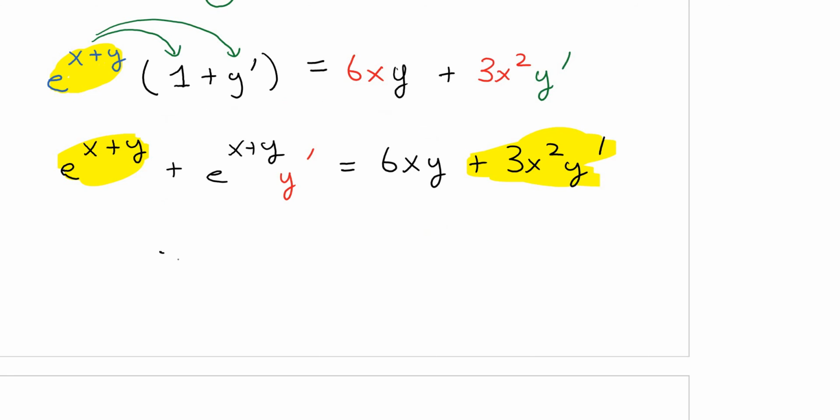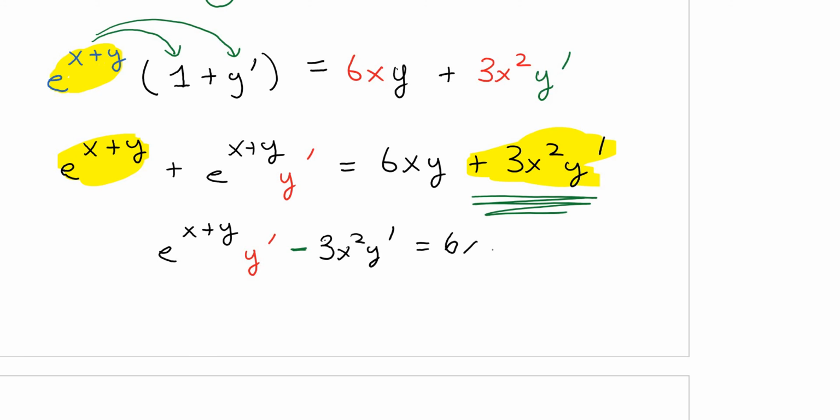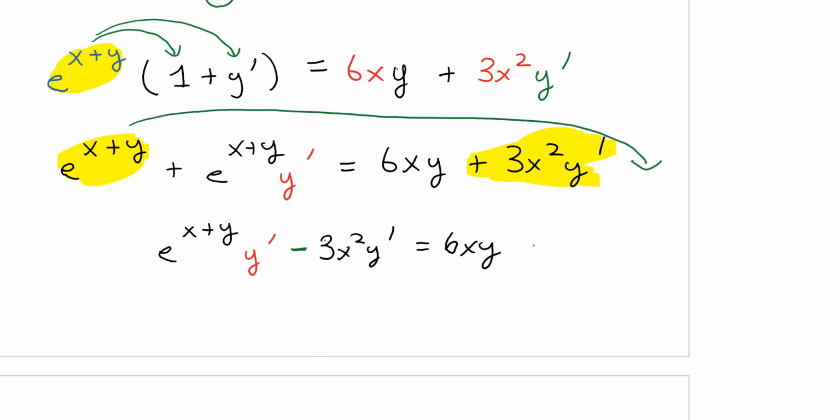So I still want to keep this guy on this side: e to the power of x plus y times y prime. And then if I move this term over, that's going to be minus 3x squared y prime equals 6xy. That one's done. And then if I move this guy over to that side, that's going to be a minus e to the power of x plus y.